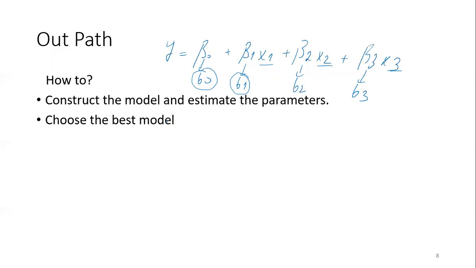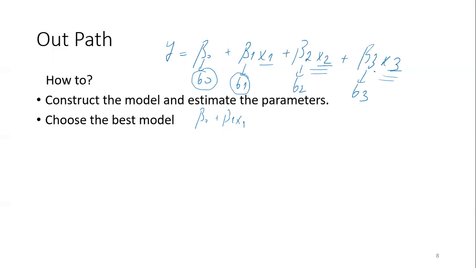And then choose the best model. What does it mean to choose the best model? In the previous one, you only had beta 0 plus beta 1 x1. But here we have several different parameters. Although you think some of the parameters affect your y, they may not.